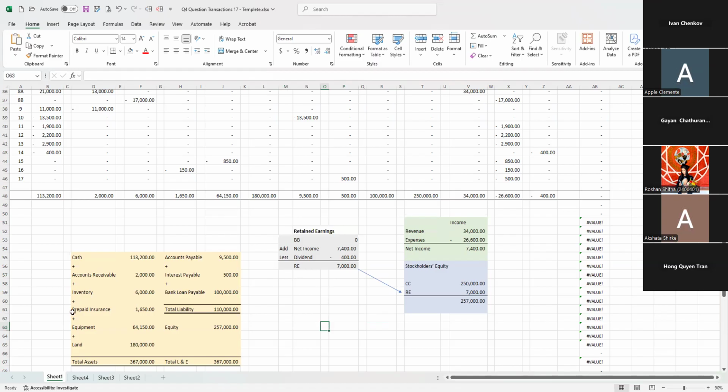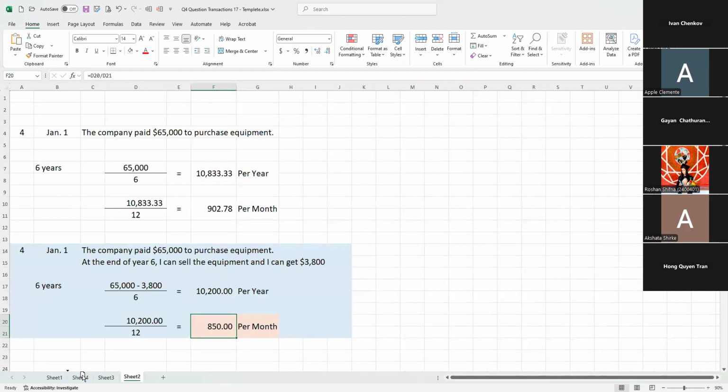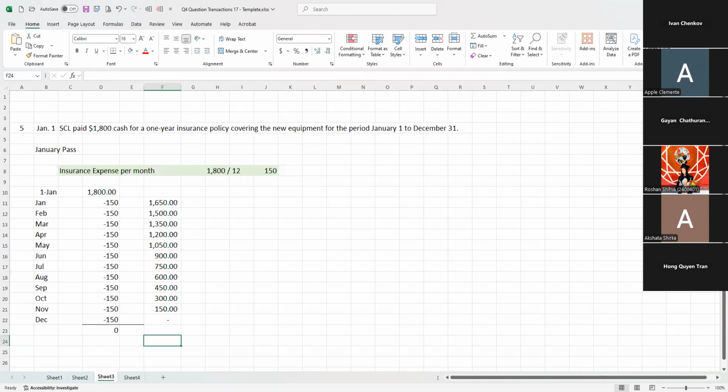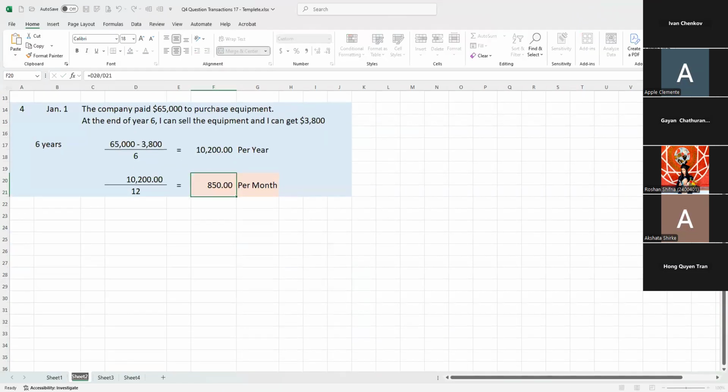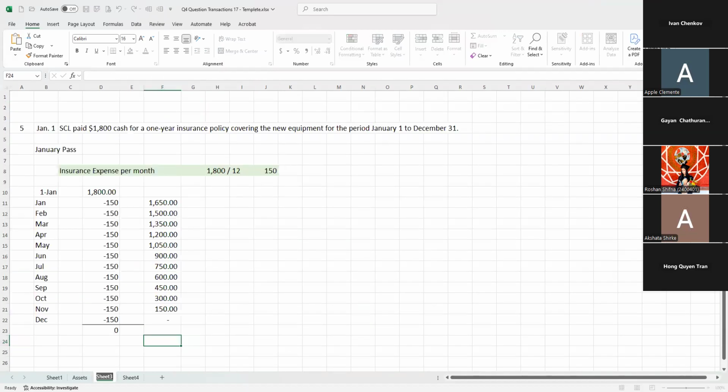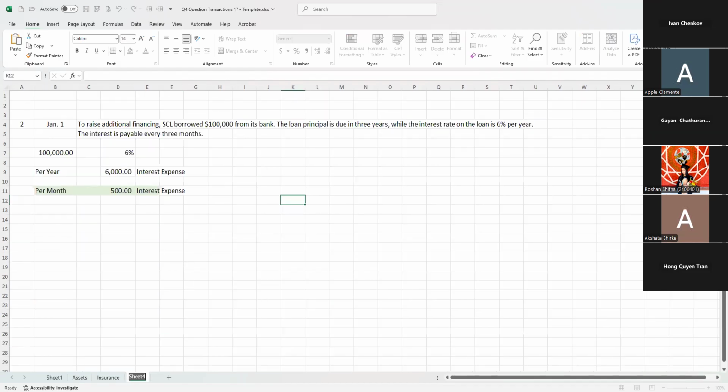The last thing left for me is to move those around, and then we can put here assets. Sorry, not this one. That will be the insurance, and that will be interest.